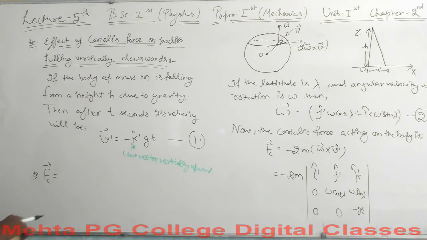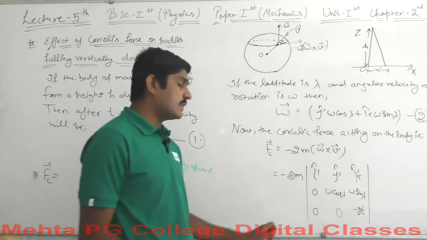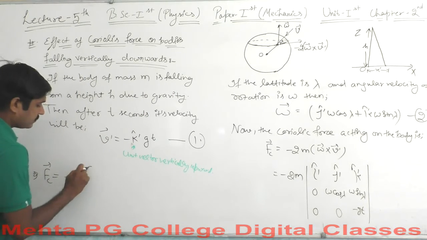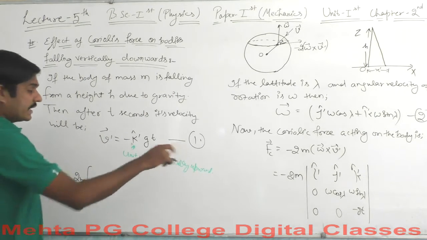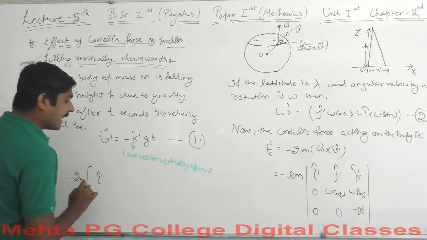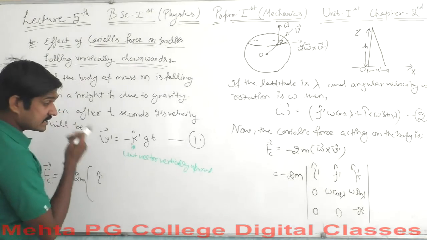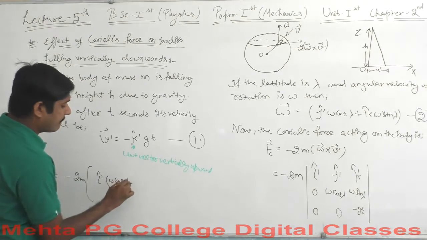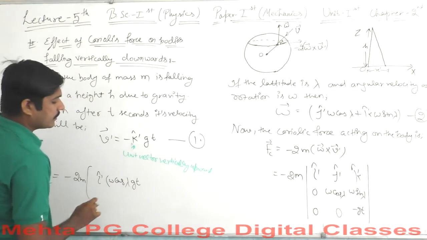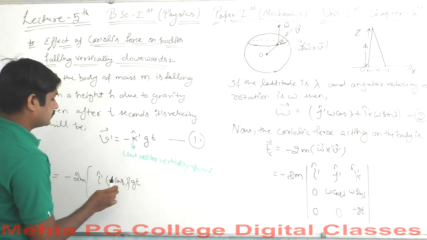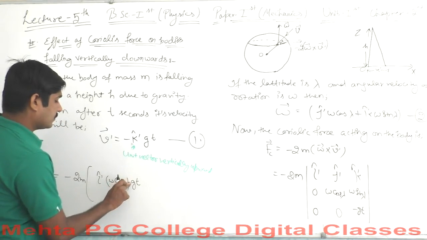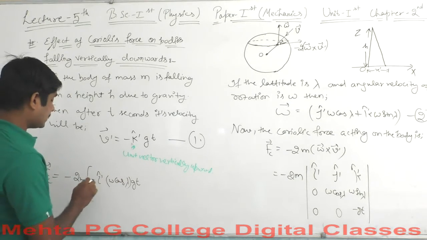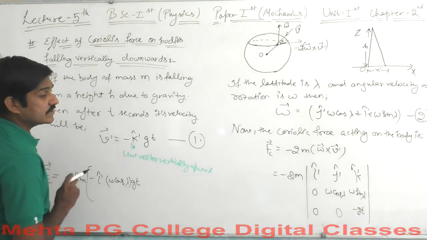I am not going to calculate all of its components, but we will talk about only the main components. The minus 2m is constant, and the i dash cap will have the value omega cos lambda gt, with the minus sign introduced.